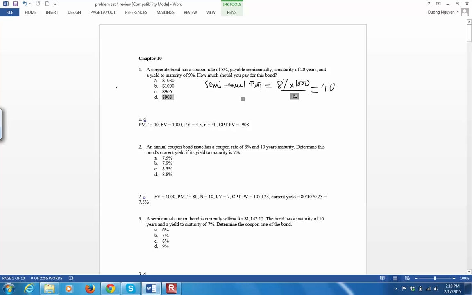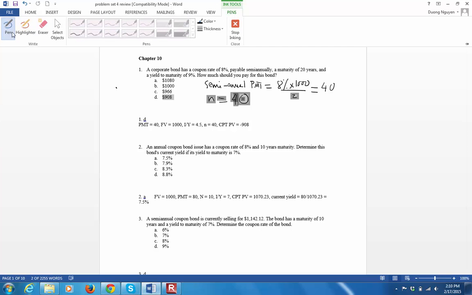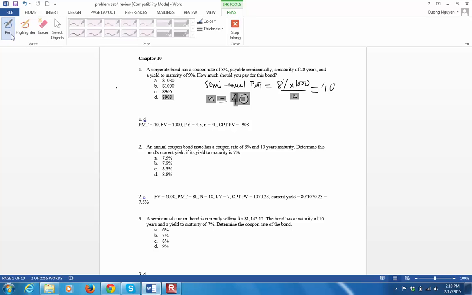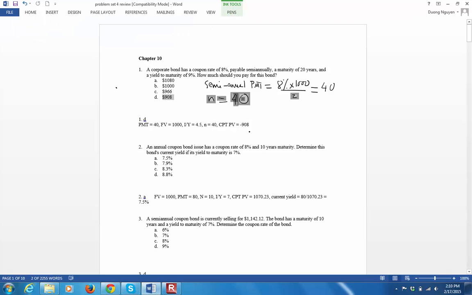And the maturity is 20 years, but this is a semi-annual payment, so the number of payments you will have is equal to 40.